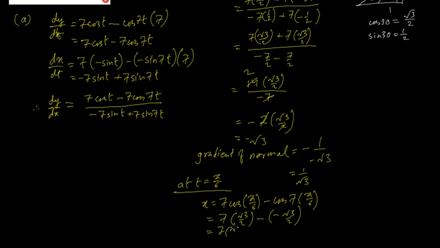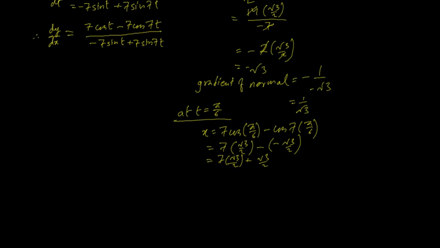So that means 7 root 3 by 2 plus root 3 by 2. If you add, it is 8 root 3 by 2. So this 2 and 8 cancel with 4. So 4 square root of 3.